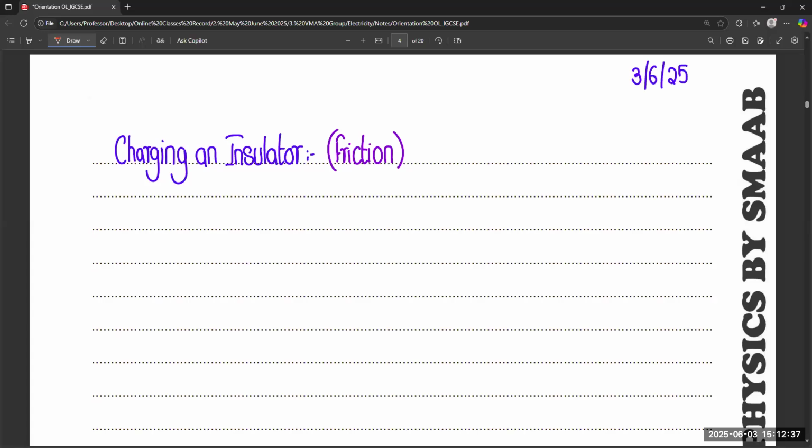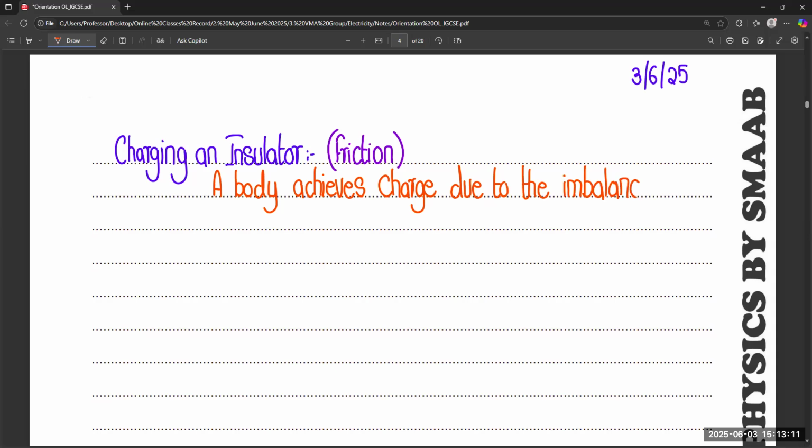So first of all, a body achieves charge due to the imbalance of the number of protons and electrons.